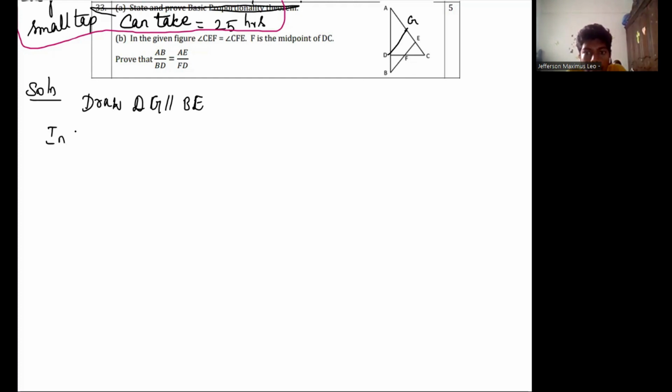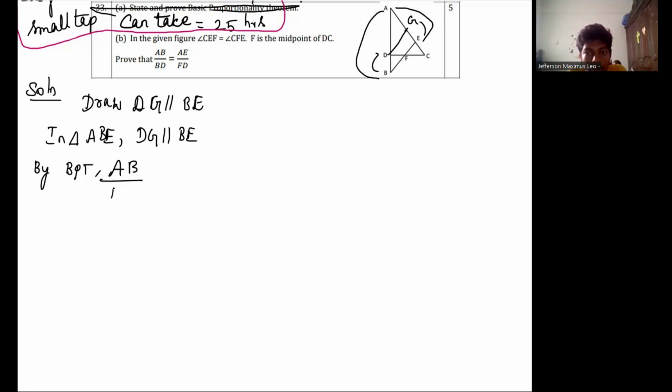So in triangle ABE, DG is parallel to BE. So by BPT, please tell the result by BPT.